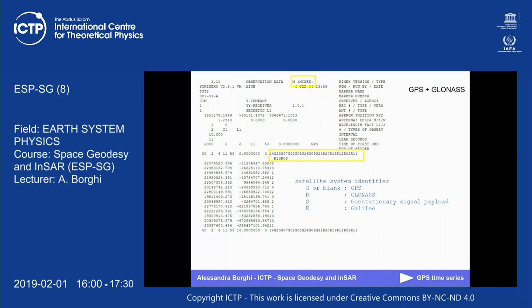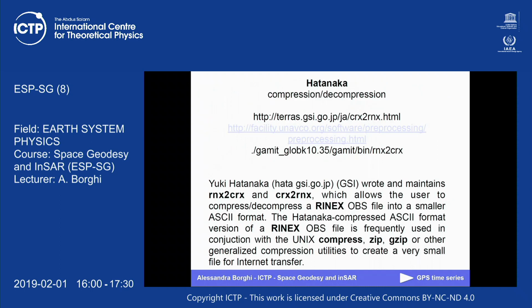You can see different letters: G means a GPS satellite, 23 is the number of the satellite; R10 means R is a GLONASS satellite, number 10, and so on. So they improve the quality.